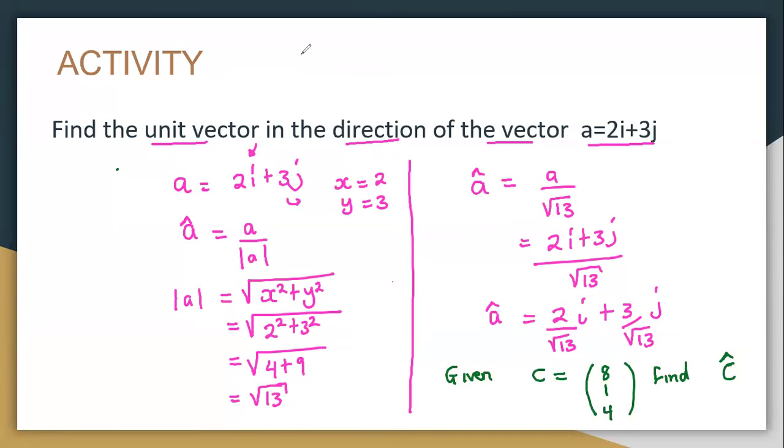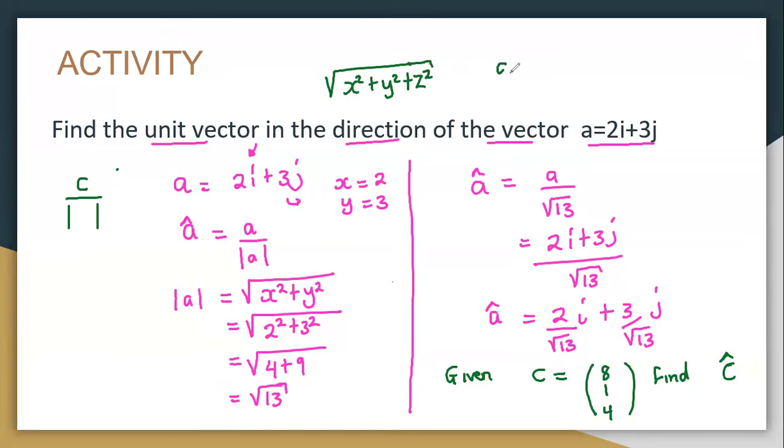We have said that when they tell us to find a unit vector, what you always do is get that particular vector they have given you and divide by its magnitude. So to get the magnitude of the vector, we said you get just the square root of x squared plus y squared. In case it has three components, then plus z squared.